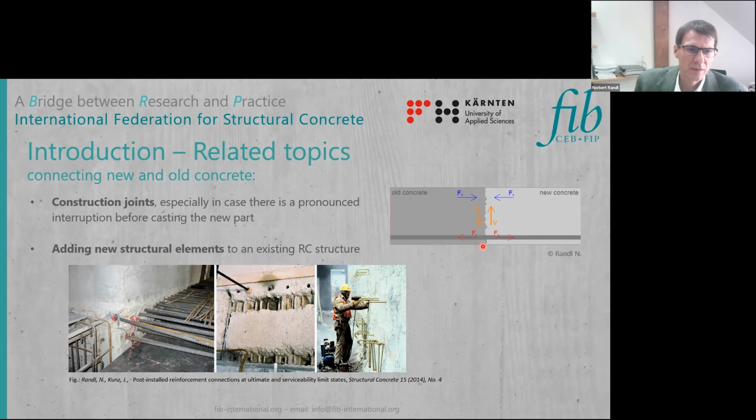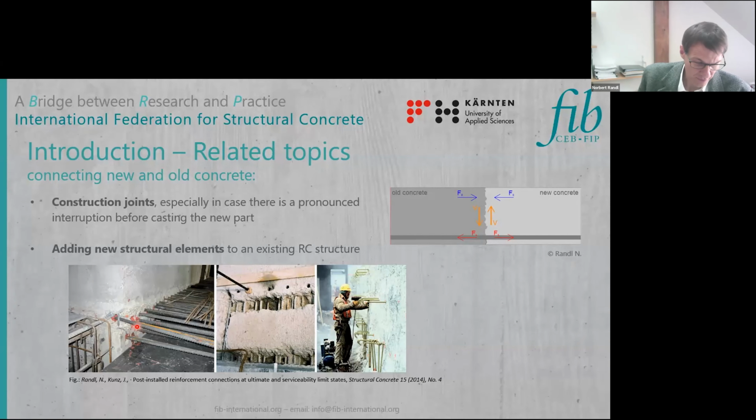Another topic that is linked to the overall one is adding new structural elements to an existing reinforced concrete structure. This is frequently done by means of post-installed reinforcement and also has to consider the load transfer via this interface.